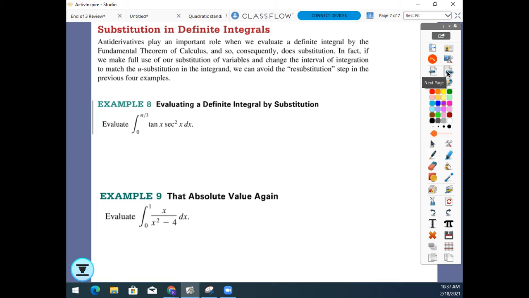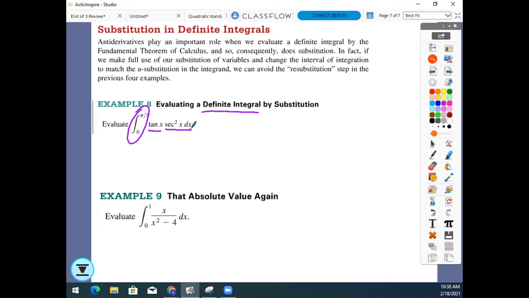Okay, so the last 2 things that we want to talk about, notice these are not indefinite. These are definite antiderivative or integrals because they've got values. That's going to be super important. Okay, so we have 2 functions to choose from, tangent and secant squared.